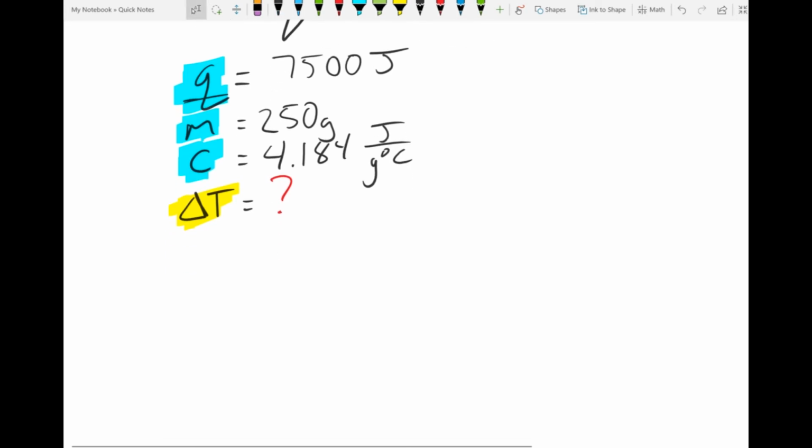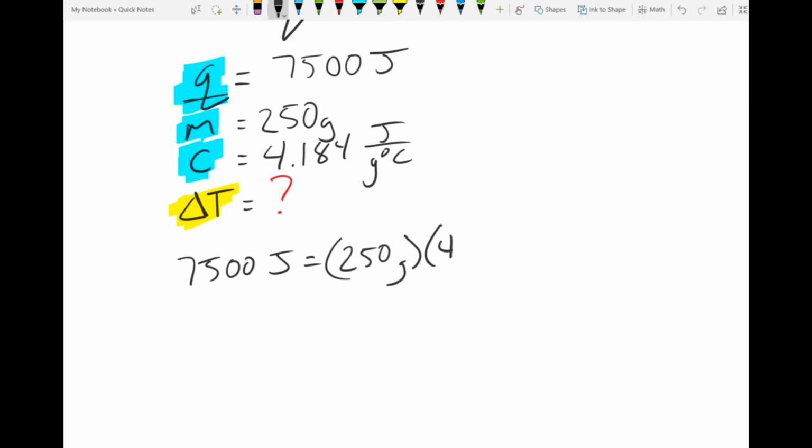So our heat, we said, was 7,500 joules, and that's going to be equal to the mass of the water times the specific heat of the water. And then finally, we're trying to find the change in temperature. Like in case 2 and case 3, we're not really going to be able to just multiply straight across like you normally can when you're finding heat.